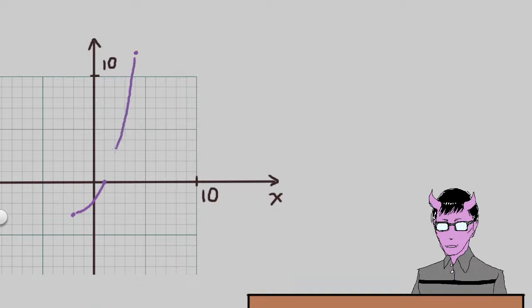Here-ish. Three spaces and three spaces. That is that many spaces. Good enough.